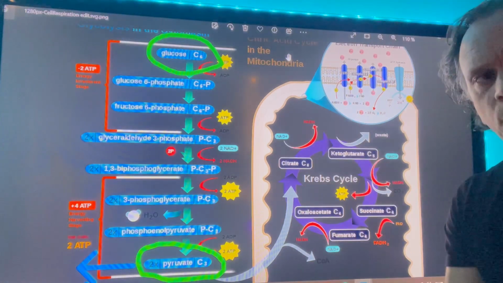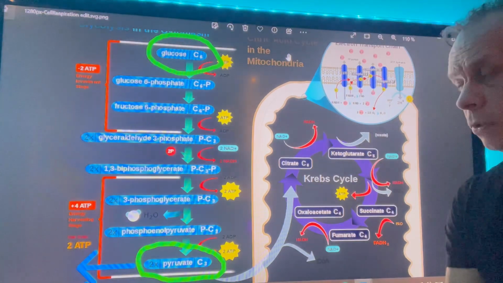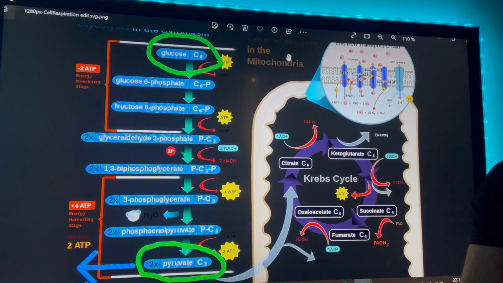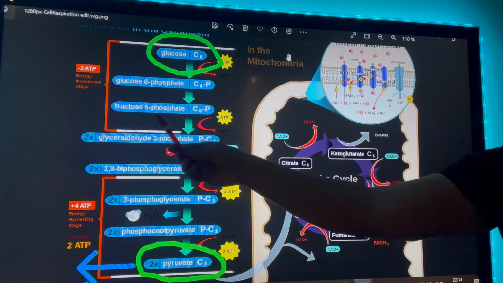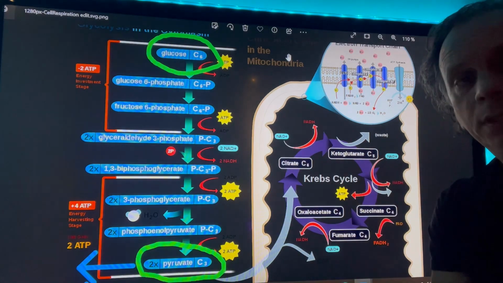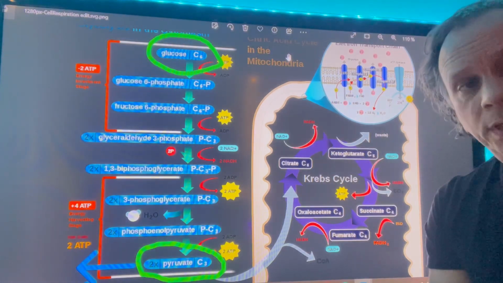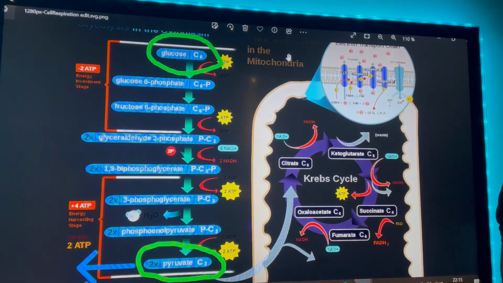Sometimes the body uses some protein also, but that's not too much. It's only if you're really deprived of the other energy nutrients. But anyway, I should mention that protein either goes into the glycolysis, because most amino acids can be transformed into glucose, but not all. There are some ketogenic ones that can only be burned the ketogenic way.